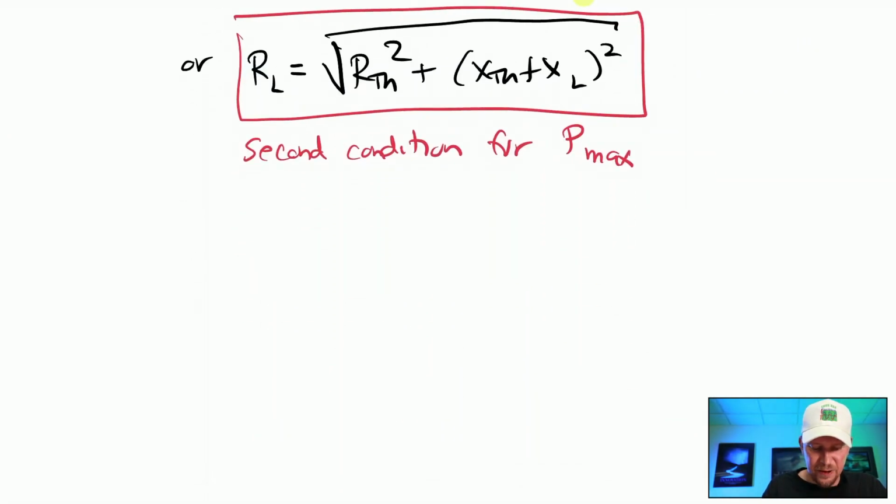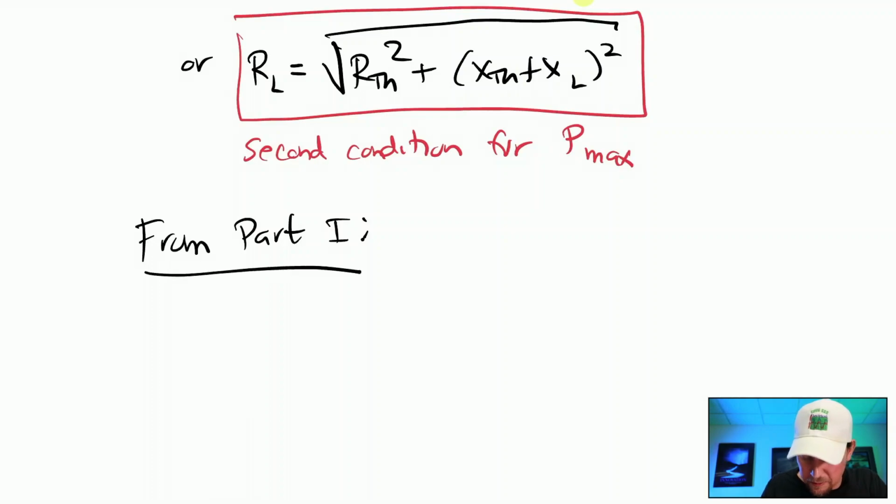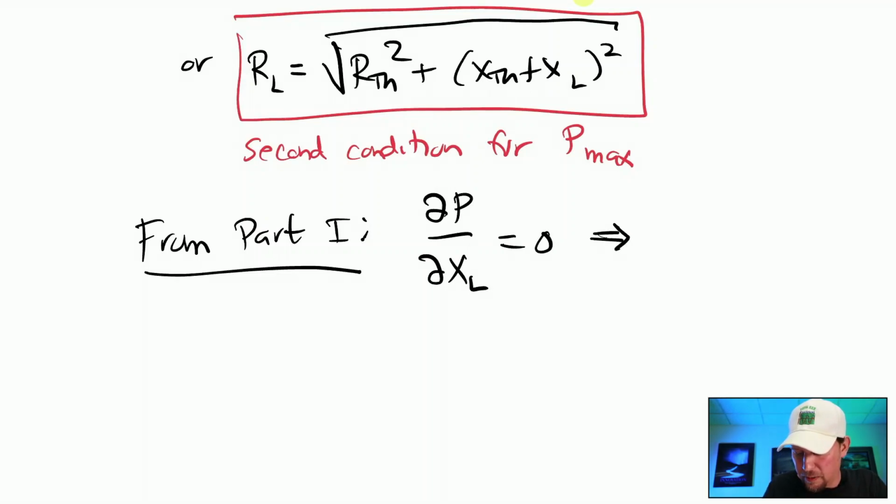Now let's actually go back and combine these things. So here, from part 1, we found that if you take the partial of the power with respect to the load reactance, set it equal to 0, what we found was that the X load had to equal minus X Thevenin.